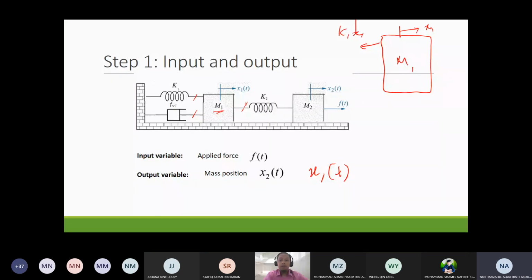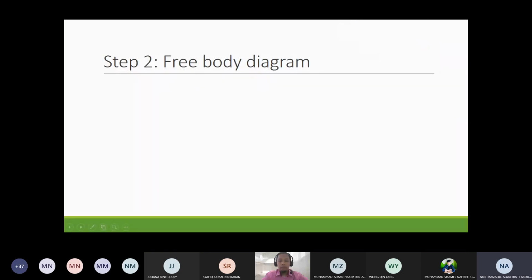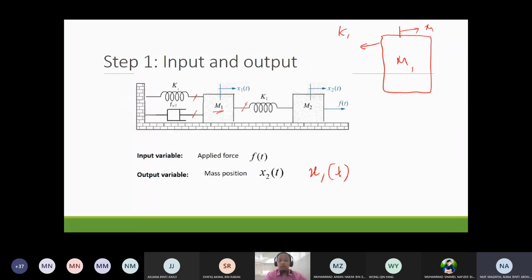So we have K1 X1. Okay, we have the force from spring K1, so K1 X1. And then we have the force from the damper. Okay, so FV1 times X1 dot, the velocity. And then we have the force from spring K2.